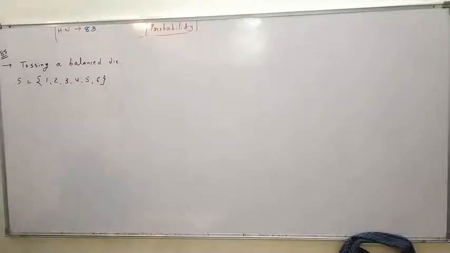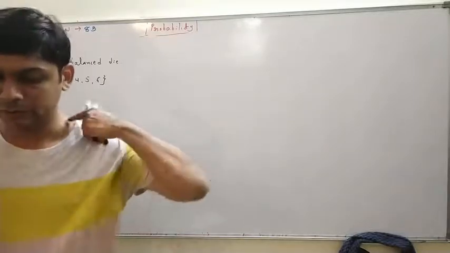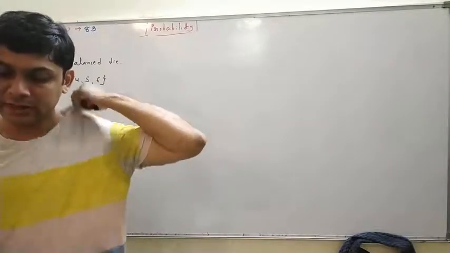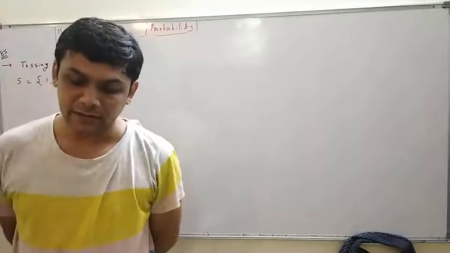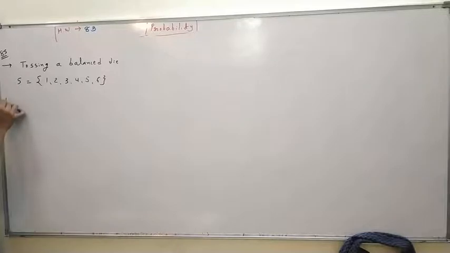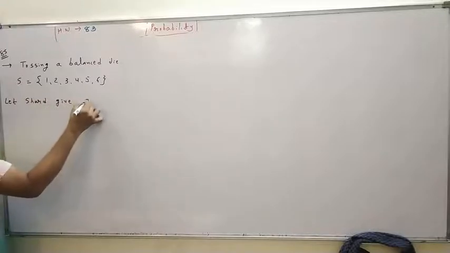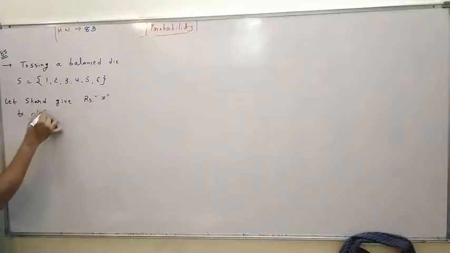Then if an integer less than 3 is obtained on the die, Chabil agrees to pay rupees 5 to Sharad. On throwing any other integer, how much amount should Sharad pay to Chabil so that the game becomes fair? Let me assume Sharad gives rupees x to Chabil.